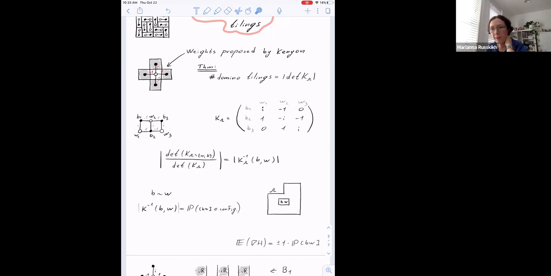And now, if I'm interested in proving some convergence of the fluctuations of the height function, if we want to prove the convergence to GFF, it's enough to check that all moments of the fluctuations are the same as the moments for the GFF. And now all moments can be written in terms of the inverse Kasteleyn matrix. So I reduced the question about the height function to the question about the inverse Kasteleyn matrix, right? The next step is to reduce the question about the inverse Kasteleyn matrix to convergence of some discrete holomorphic functions. So let's do this.